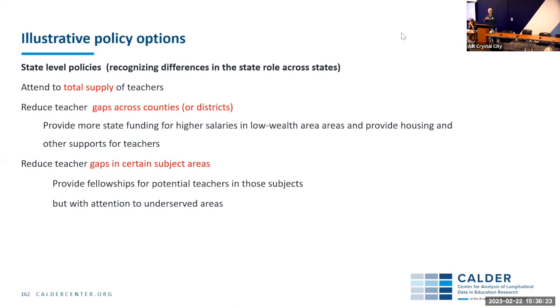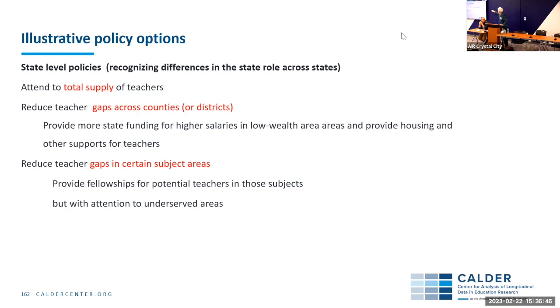And in North Carolina, there are big teacher quality gaps across districts. One way to deal with that is to pay higher salaries in the districts where there's a shortage of quality teachers. And so policymakers in North Carolina are thinking about increasing salaries in those areas.